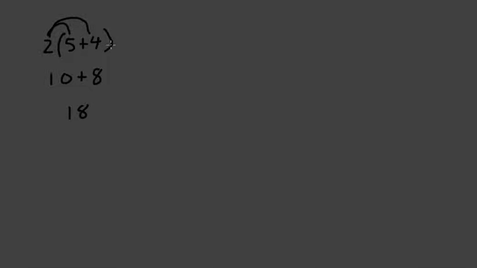Or you could have done 2 times 5 plus 4, and then you could do what's in parentheses first, which is 5 plus 4 is 9, and then when you times it by 2, it equals 18, okay? So this is the distributive property. You do 2 times 5 and then 2 times 4, all right?